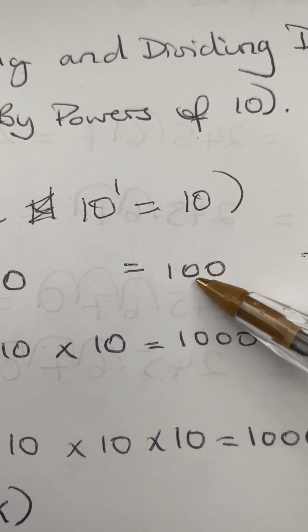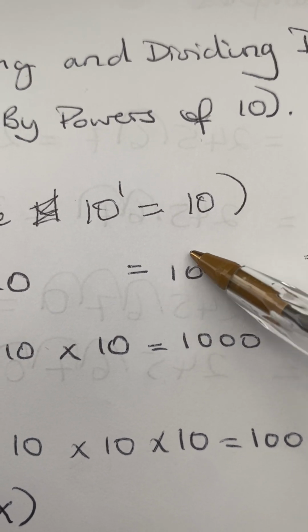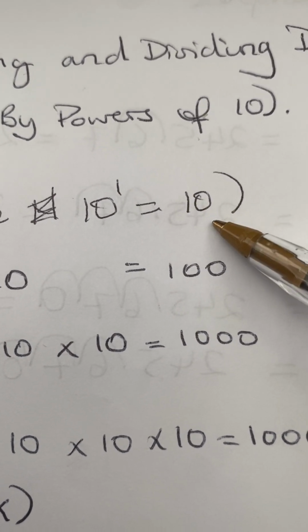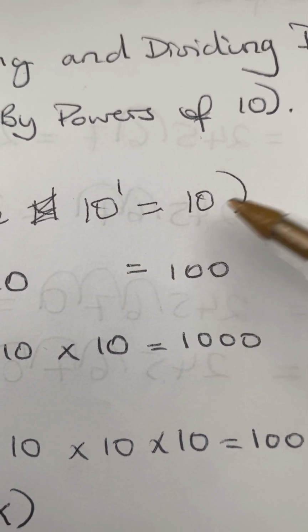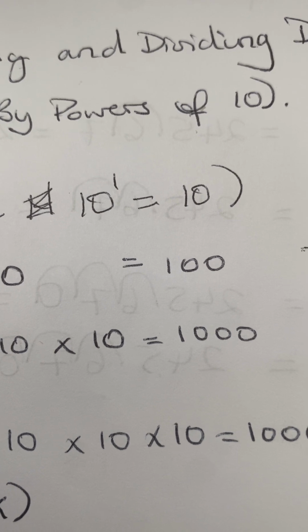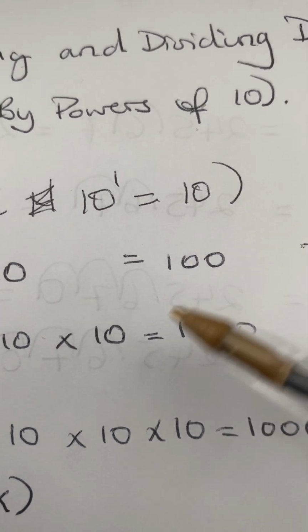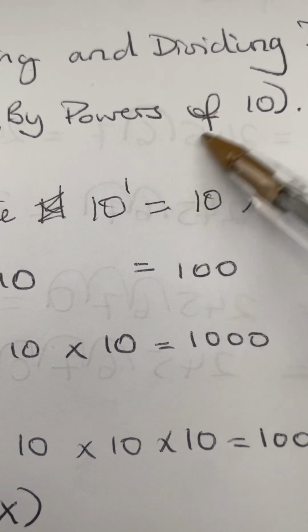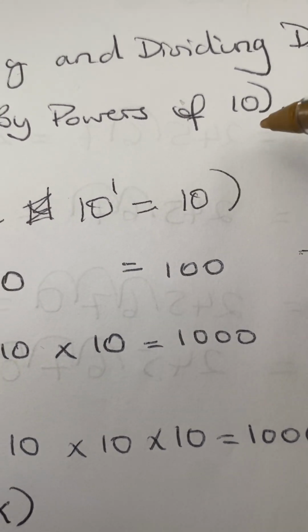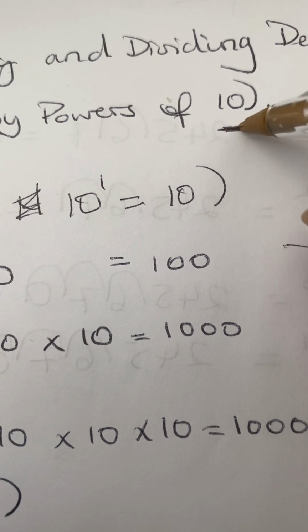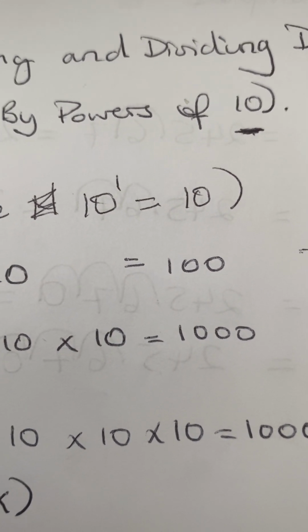So 7 is the same as 7 to the power 1, but 7 to the power 2 is 7 times 7. I hope I'm clear on that. But we are working with the powers of 10. Do not forget that. That is the purpose of our lesson today.